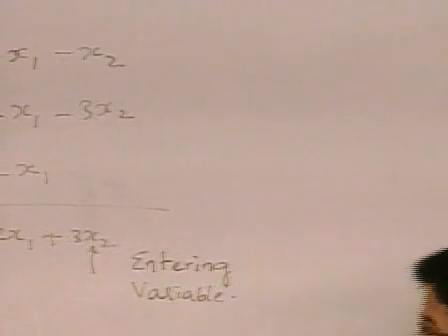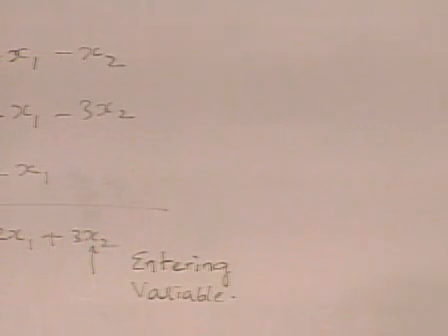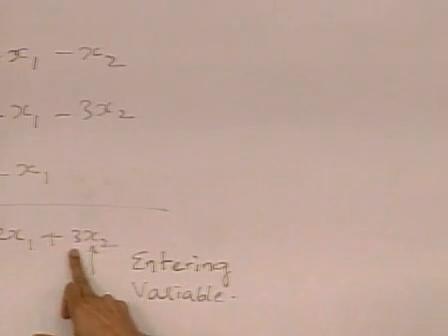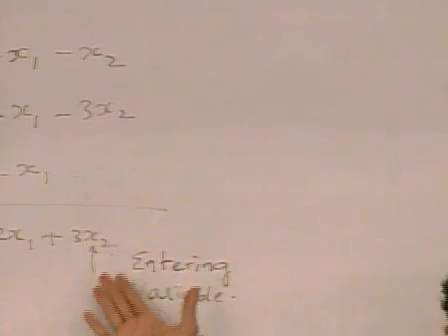So x1 will be held at 0, and x2's value will be gradually increased. And of course, for every unit increase in the value of x2, you get paid $3. And we agreed that we'll make x2 as large as possible.